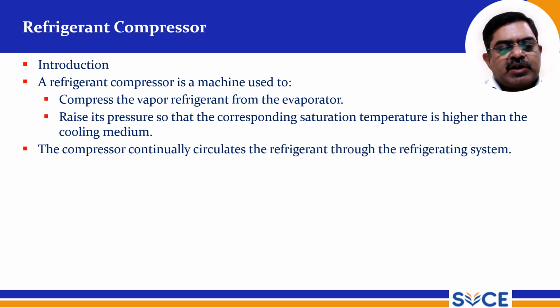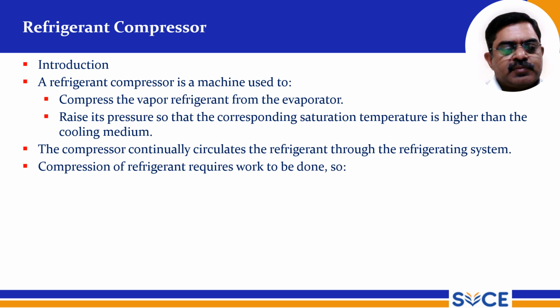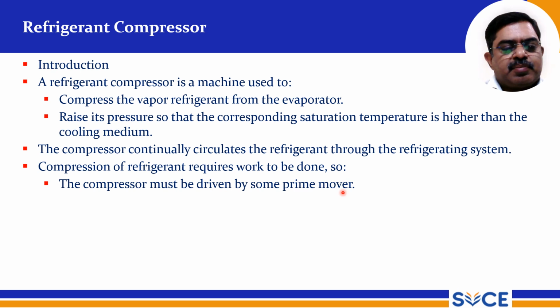The compressor continually circulates the refrigerant through the refrigerating system. Compression of refrigerant requires work to be done, so the compressor must be driven by some prime mover. It may be an external electrical motor connected to the compressor.